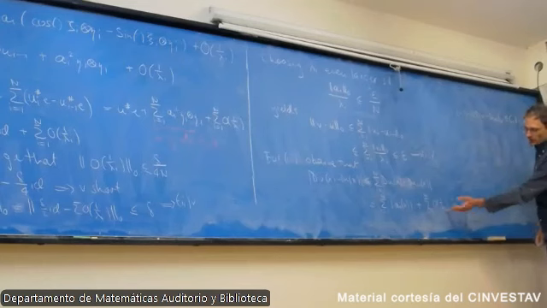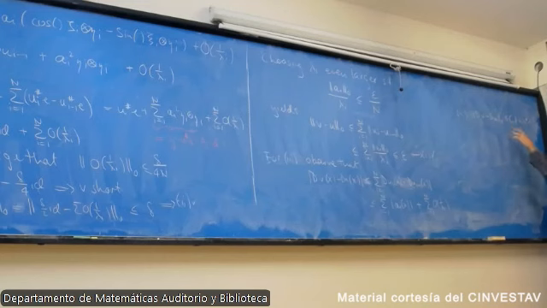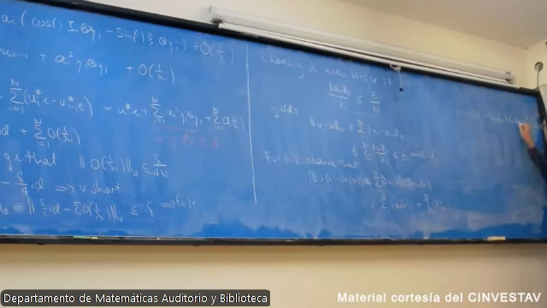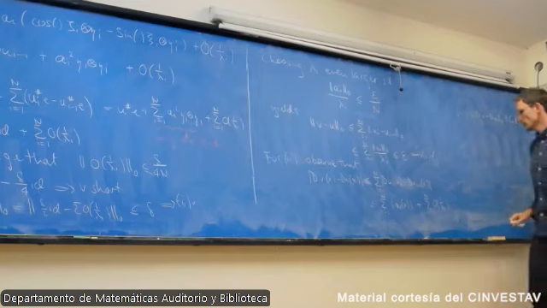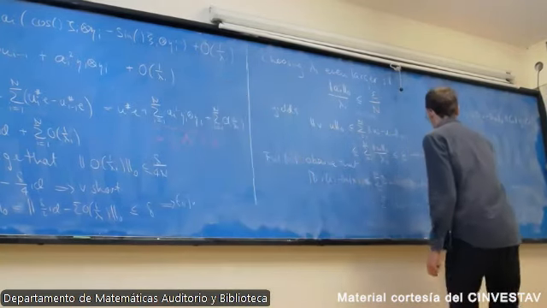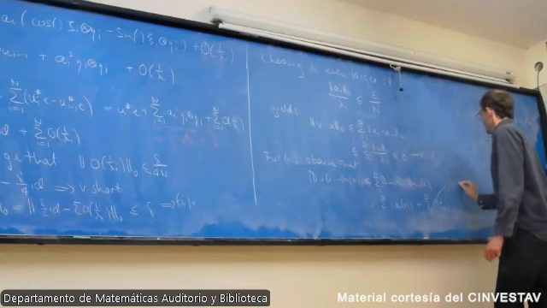Here I have the lambda, which helps me to make this as small as I want. I simply choose it so large that I have less than cn halves times this number over here. And then I want to show that this one is also less than or equal to cn halves, for some cn which only depends on n. So let me forget about this. As small as I want.